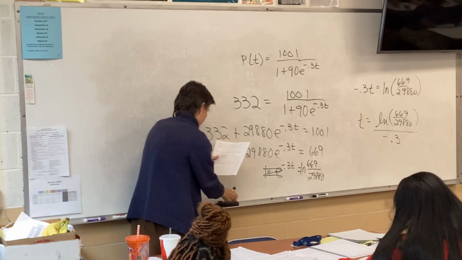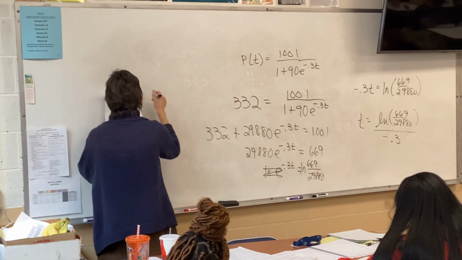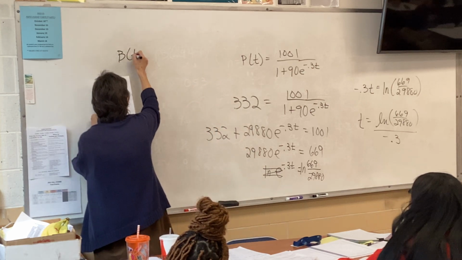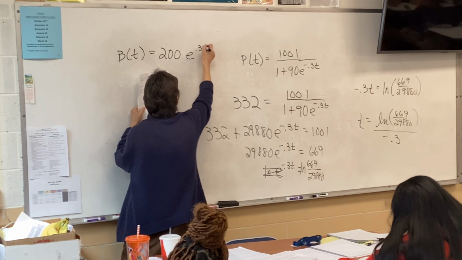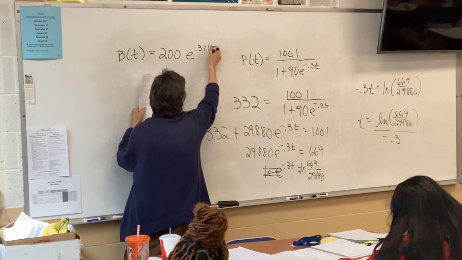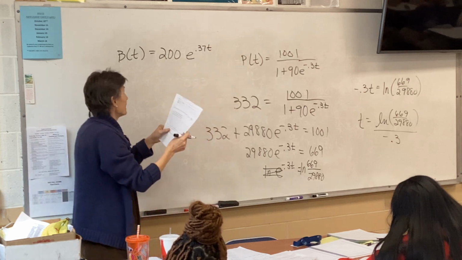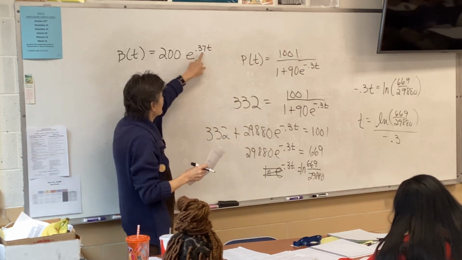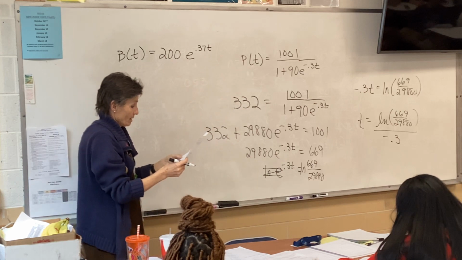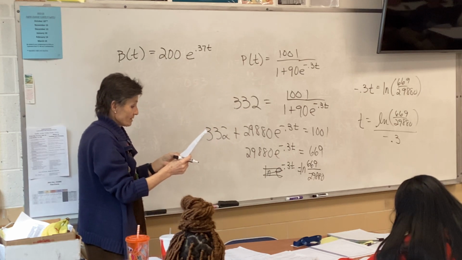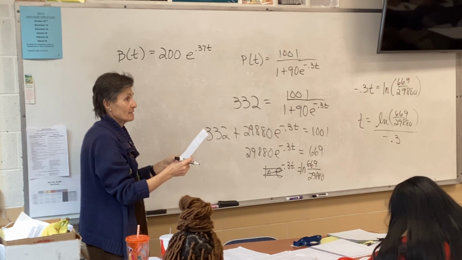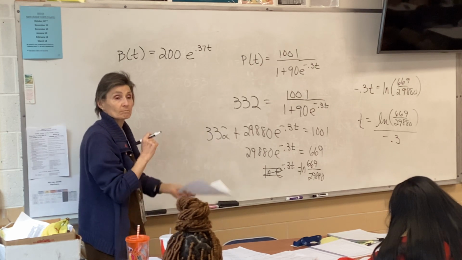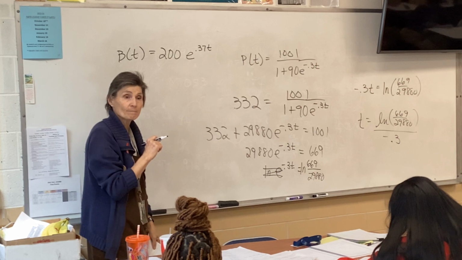Okay, one more. The number of bacteria present is given by this equation. So here's another equation. This one is exponential. Everybody agree? A, B to the x. Find the number of bacteria present after 11 minutes. So what will we do?